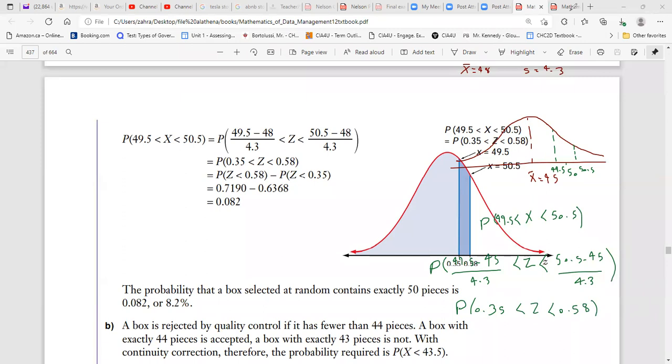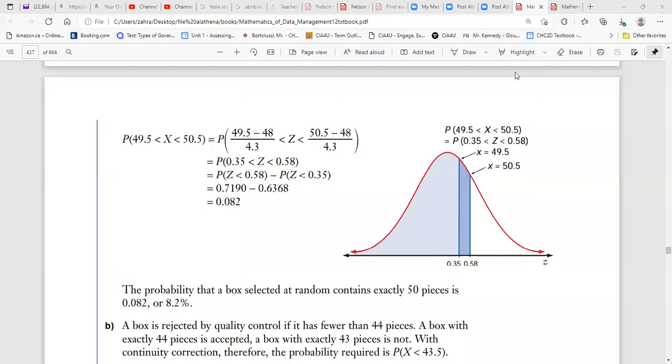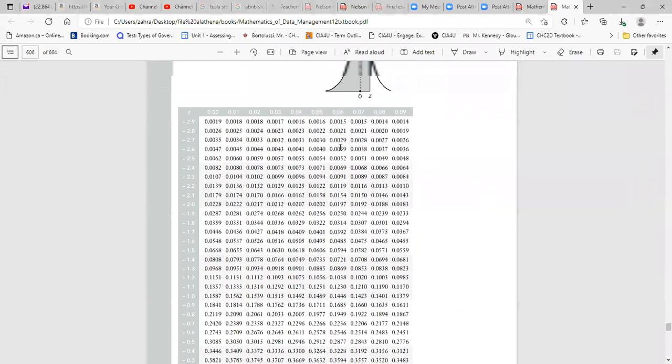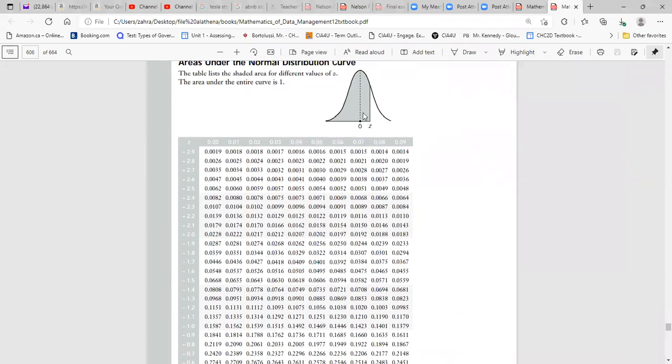For the z-score, I want everyone to be careful when we do this. The z-score gives you the area below that number, right?